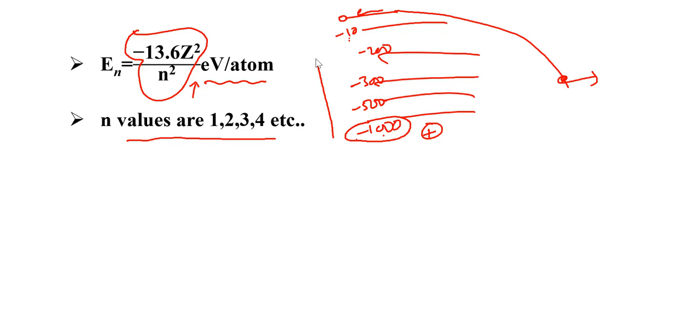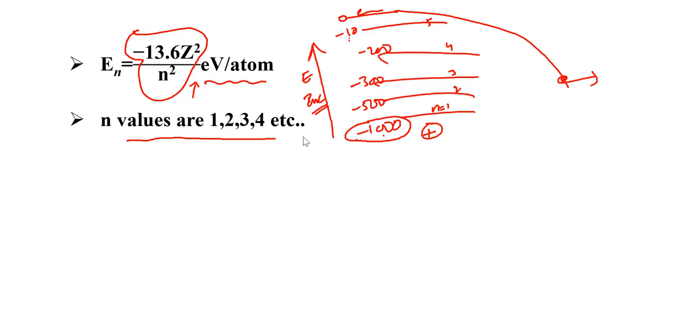So energy is increasing while the N value is increasing, N equal to 1, 2, 3, 4, 5 and so on. When the N value is increasing, energy is increasing, but the numerical value you can observe easily is decreasing, but you have to consider the sign also.